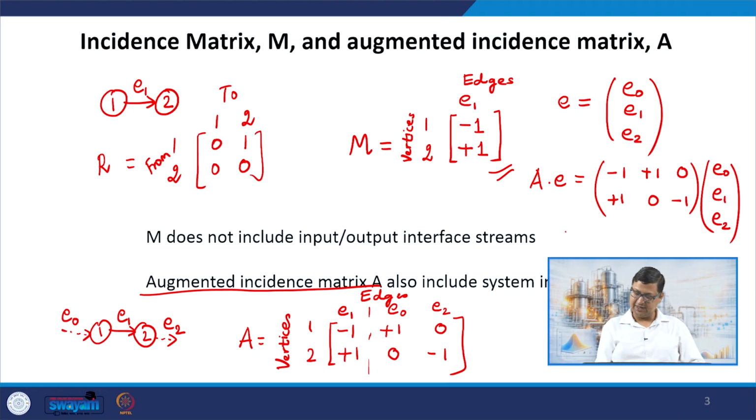The first row will give me minus E0 plus E1, and the second one will give me, sorry, it has to be E1, E0, E2.